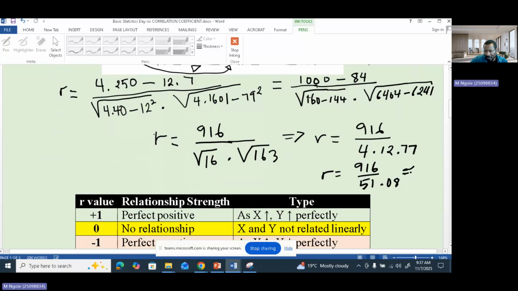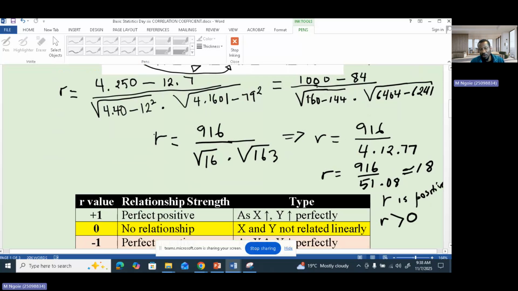So it's almost like 18. Looking at this 18, you find out that your r is positive, it's over 0.